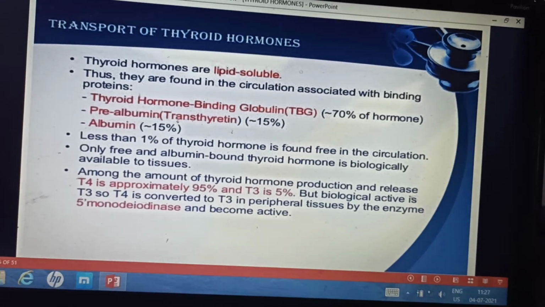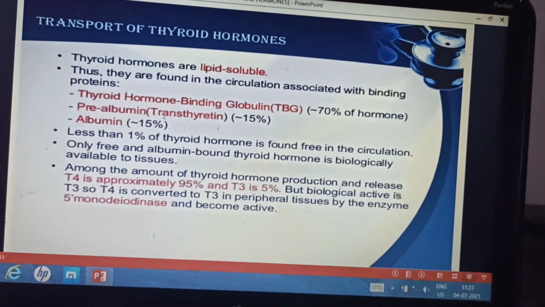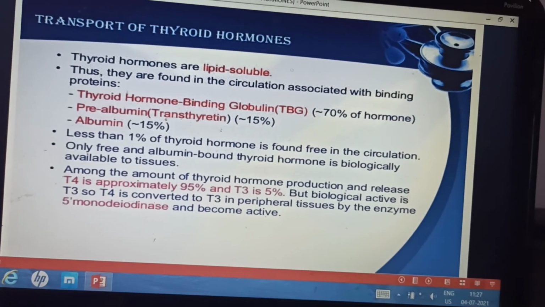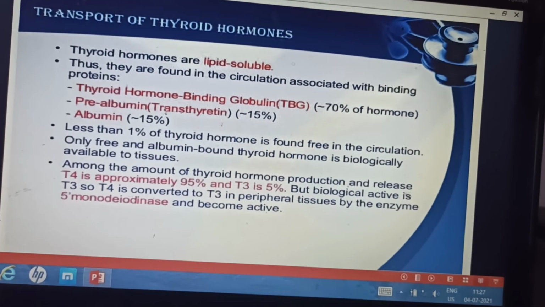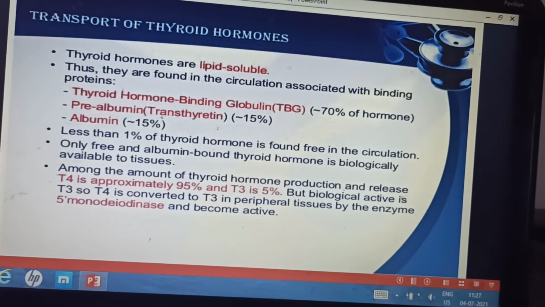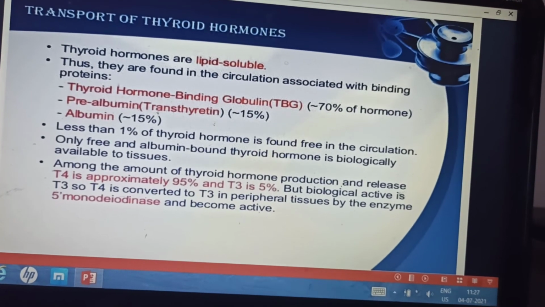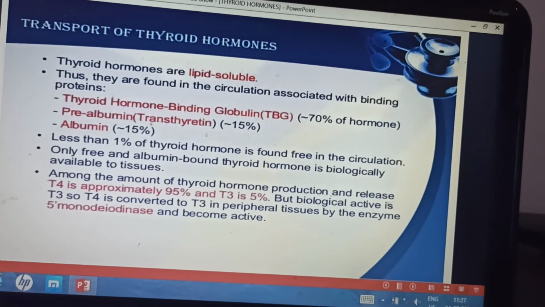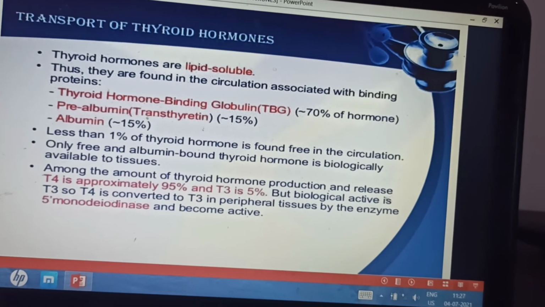Most of the hormone is T4, and very little is T3. T3 is biologically active. T4 is converted to T3 by the enzyme monodeiodinase located in the liver and the kidney.